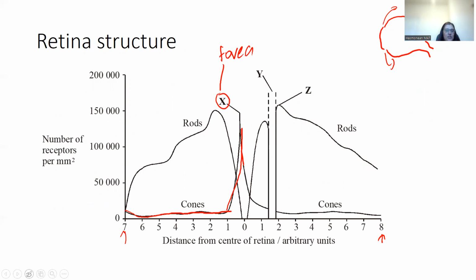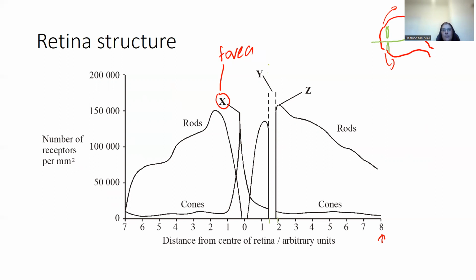That is because when you're looking at something in bright light, which is when you use your cones, your pupil is really, really small. So if you imagine a really small pupil, there's my iris, all the light is pretty much going to hit on that fovea over there.